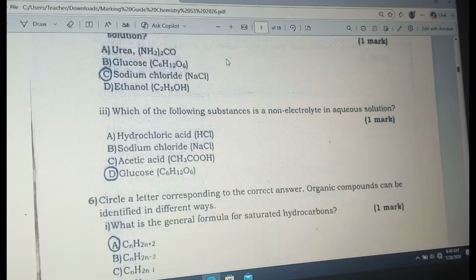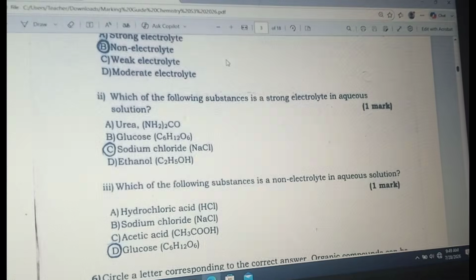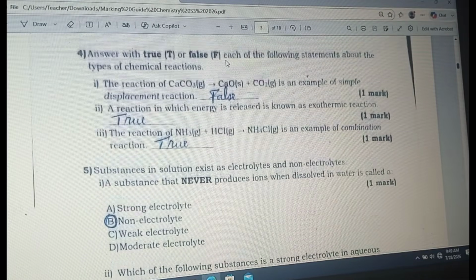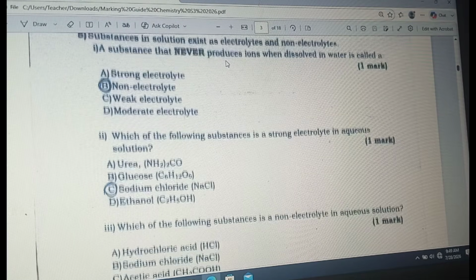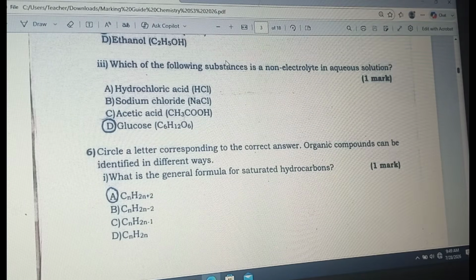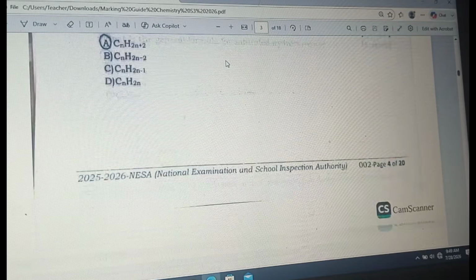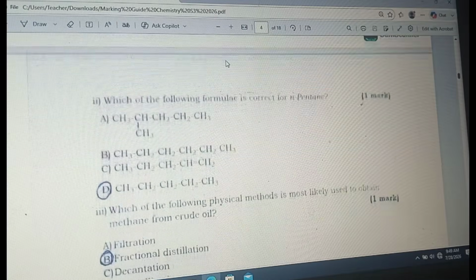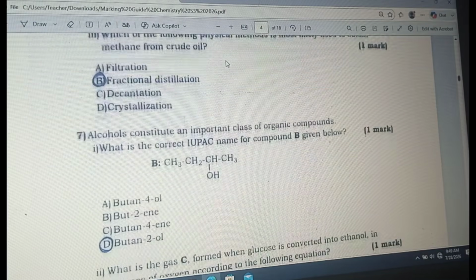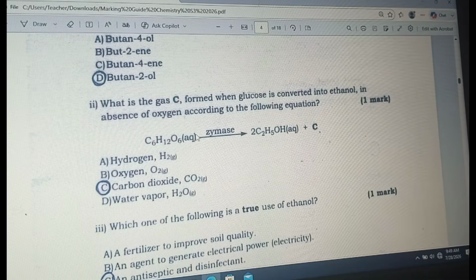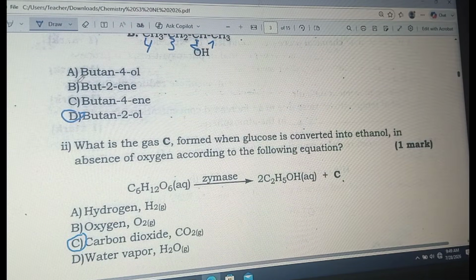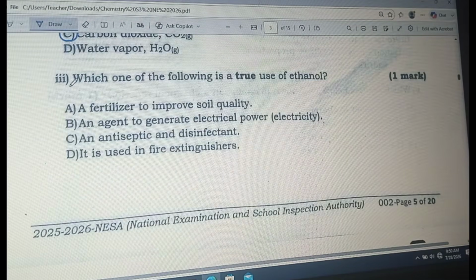You see in the marking guide, carbon dioxide, okay? Let's continue to the next question.